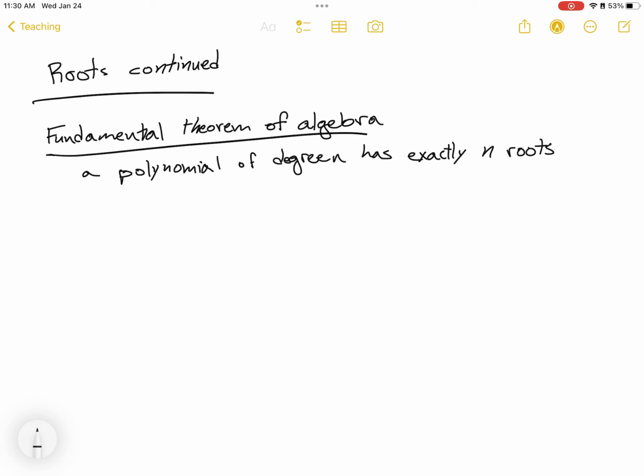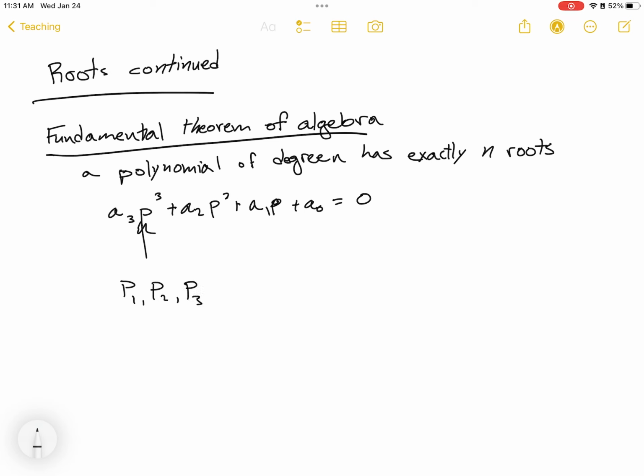So, for example, if you have a third order polynomial, a3p cubed plus some a2p squared plus a1p plus a0, and that equals 0, then this is a third order polynomial, and there will be three roots, p1, p2, and p3.